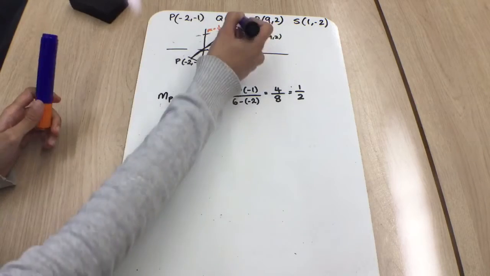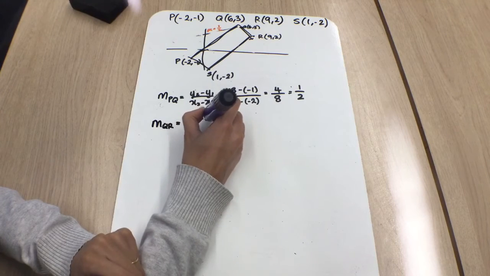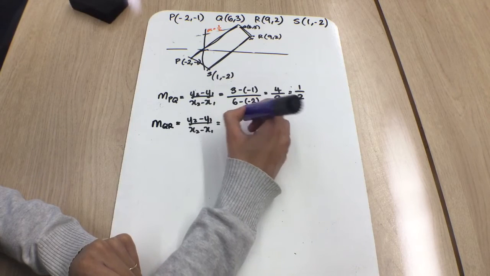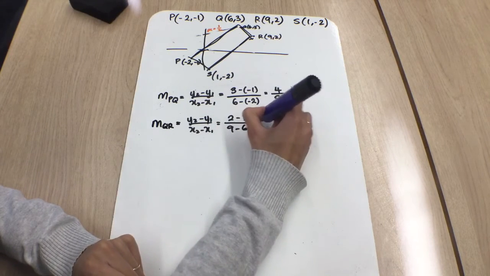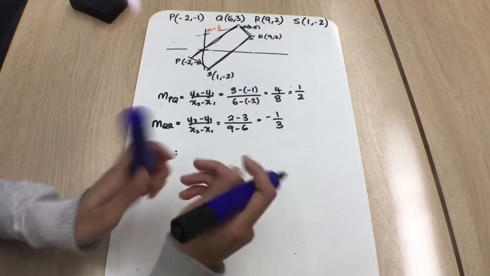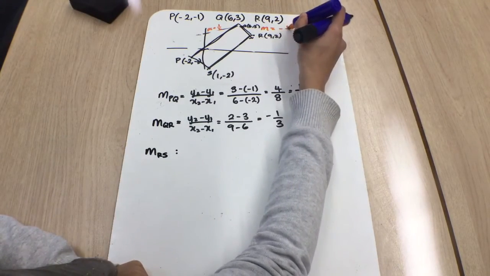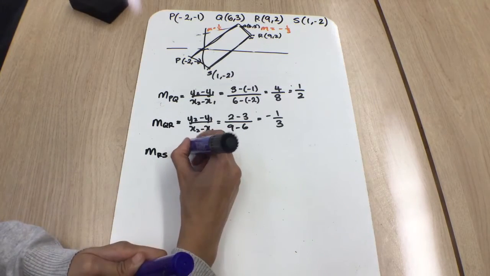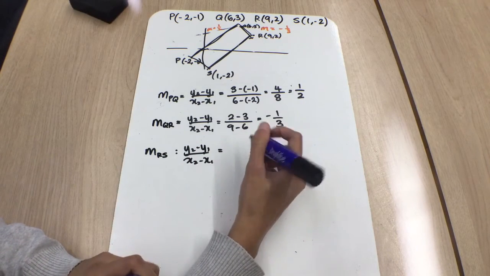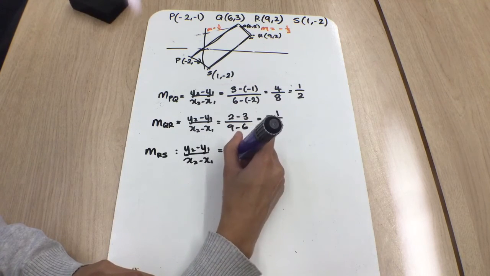Let's work out the gradient from Q to R. So m QR. Again, y2 minus y1 over x2 minus x1. That's 2 minus 3 over 9 minus 6. That's minus 1 over 3. Let's do the same for m RS. So m is minus a third here. So again, y2 minus y1 over x2 minus x1 would be 2 minus 2 over 9 minus 1.